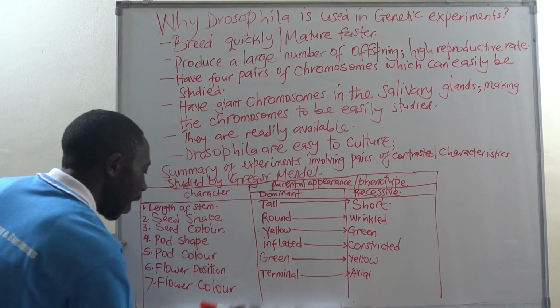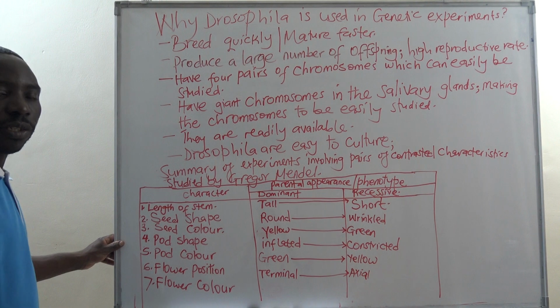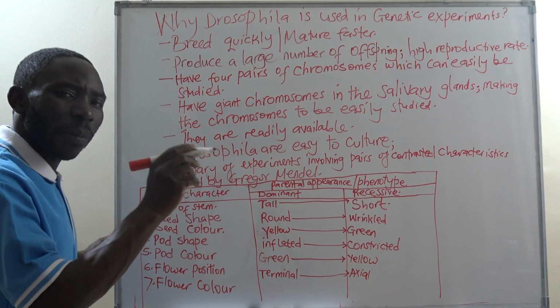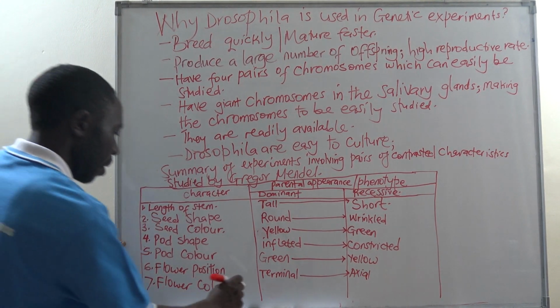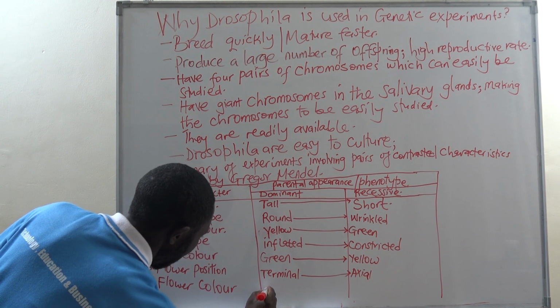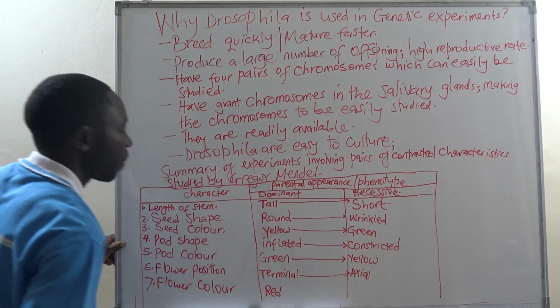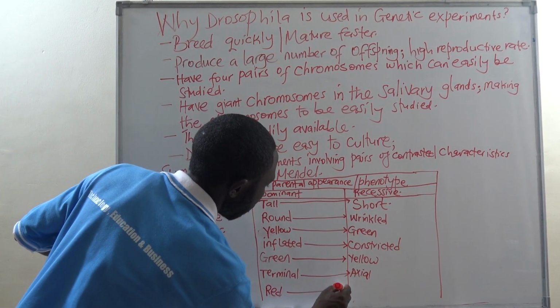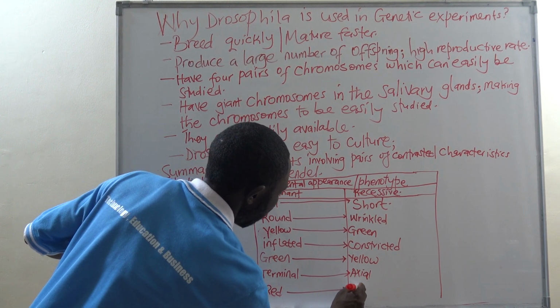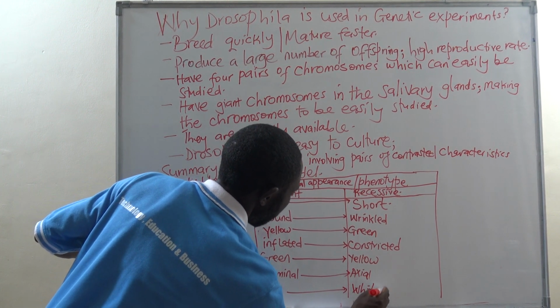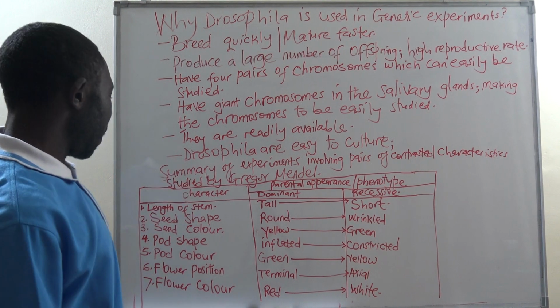Red is dominant over white. So I will write red here, which is dominant over white, which is recessive.